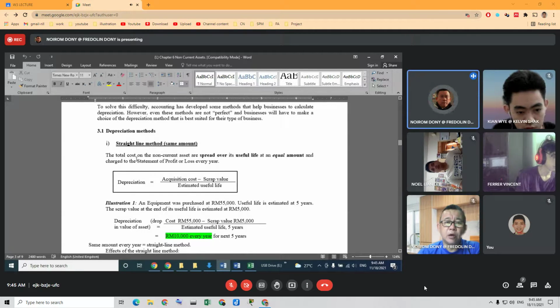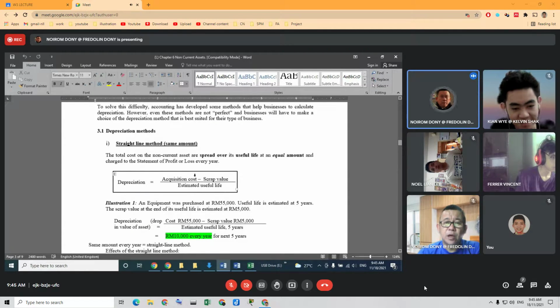This is the formula: the total cost of the non-current asset. That is the first thing, acquisition cost less scrap value.